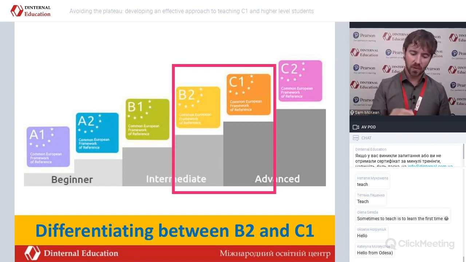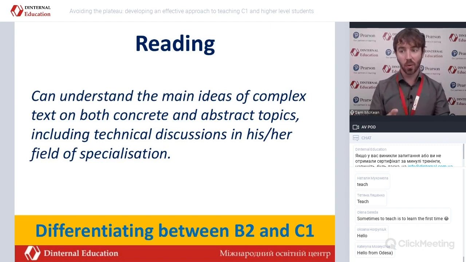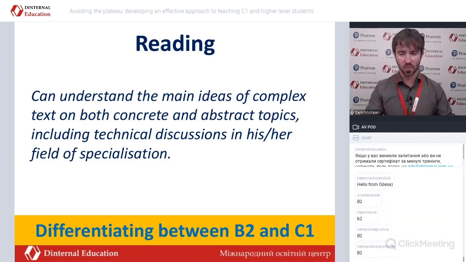If we look here, we have a can-do descriptor from the Common European Framework of Reference. This one refers to reading. Do we think this refers to B2 or C1? You can let me know in the chat box.